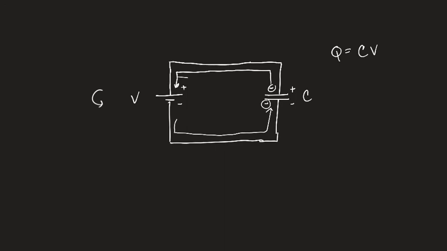So this flow of charges doesn't happen instantaneously. It takes some time for the charges to be pulled from one side of the capacitor plate and deposited on the other. Now, how much time it takes is a story for a different chapter. But the charging of a capacitor will take some time.